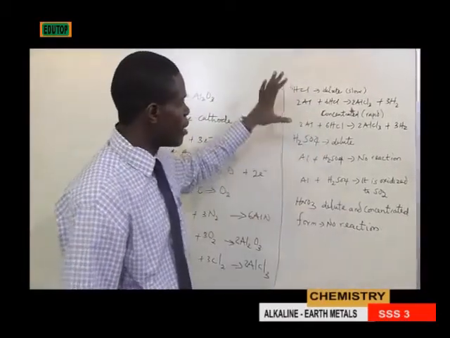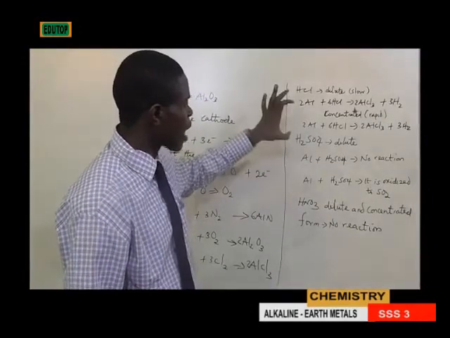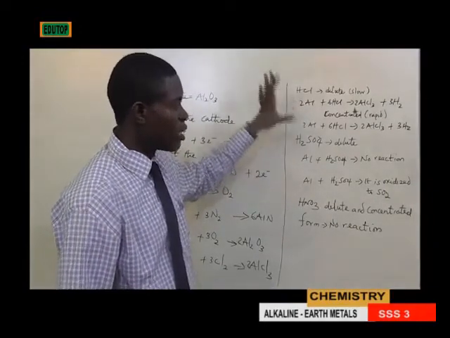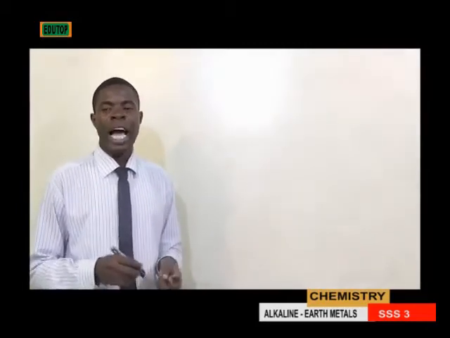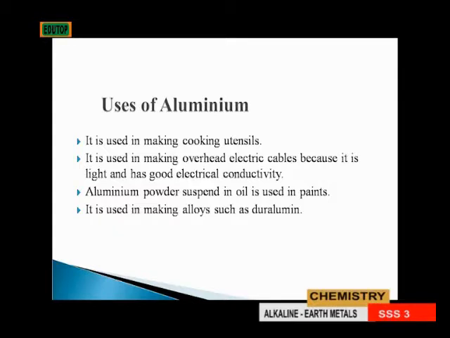These are the representation of the reaction of aluminium with various acids. Aluminium does not react with trioxonitrate 5 acid at any concentration, simply because there is formation of a protective layer of aluminium oxide.